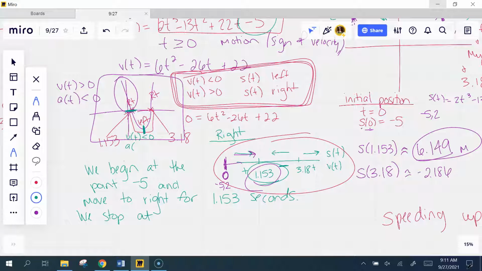What is acceleration? Velocity is negative, and your acceleration is also negative, because it's the slope and it's decreasing. How about this next piece right here? Velocity is still negative, but acceleration is positive because it's moving up.